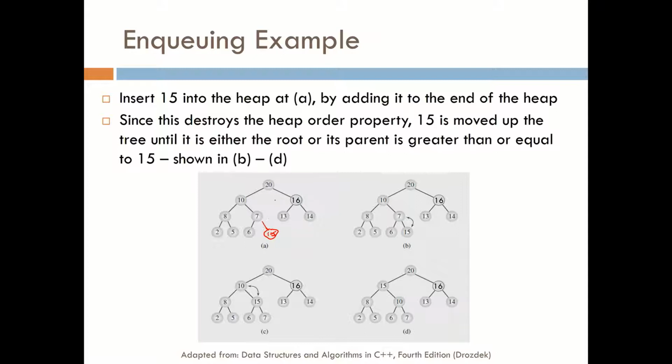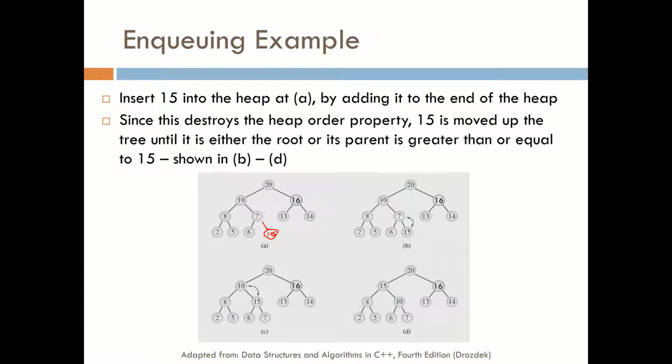Now, as we look at our heap, we have lost the heap order property because 7 is not greater than or equal to both of its children. 15 happens to be greater than 7. So we will begin by heaping this node up towards the root.